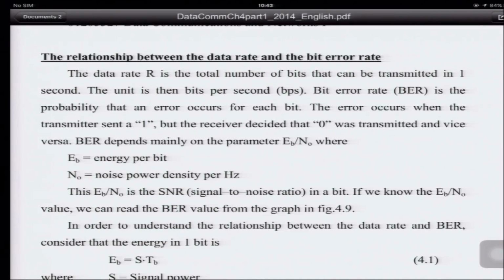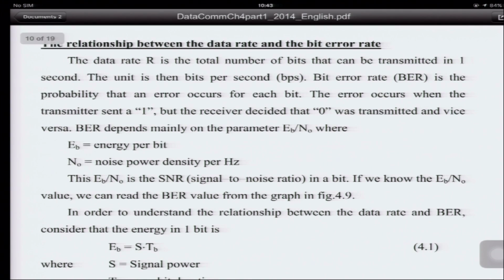Okay. Now, when you have an error, it means that you transmit a 1, but the receiver decides that it is a 0. Okay? Or if you transmit a 0, but the receiver thinks that it's a 1.